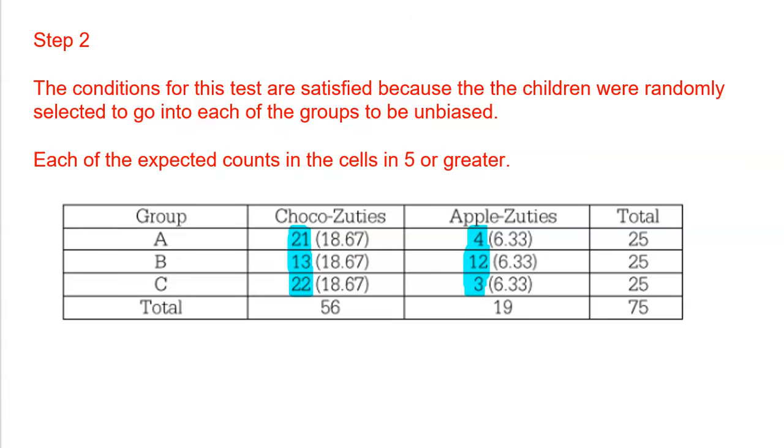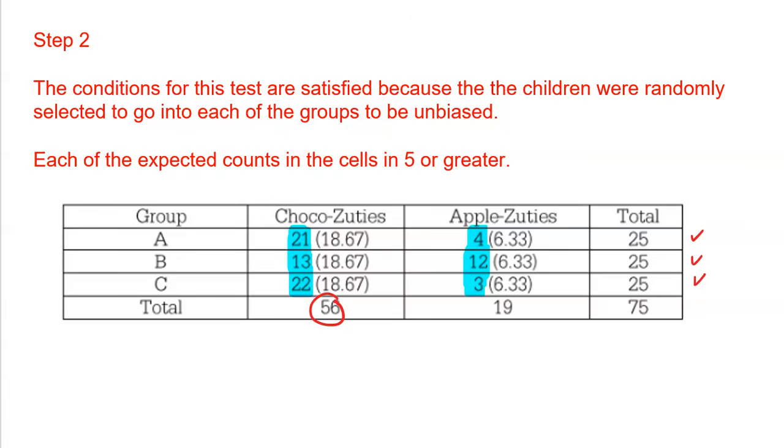So first, I had to think everything's the same, right? So I had to look at my totals. Now, it's not about being 50-50. It's about the totals being the same. So I said, okay, I got 56 total kids that chose Choco Zooties, 56 divided by 75. That proportion is what I should see amongst each group of 25. 56 out of 75 should be the same across the groups.